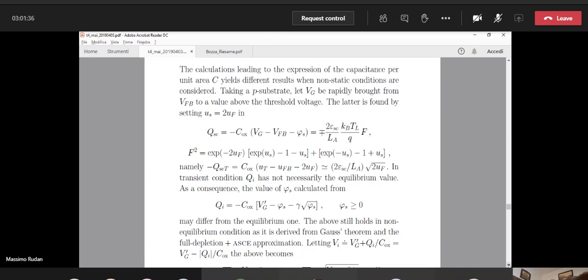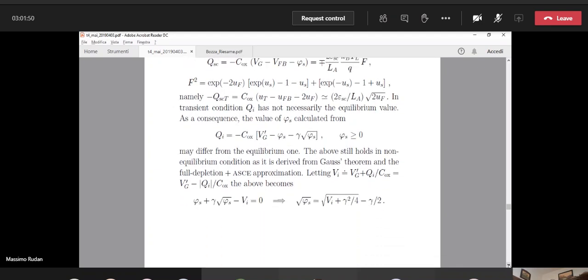But before that, during the transient, the inversion charge is small with respect to the asymptotic condition. Because of that, you can still apply the expression that we found, because this expression was found essentially by solving the Poisson equation, so it is generally correct. But in this expression, Qi is not the full inversion charge that we have in static condition.